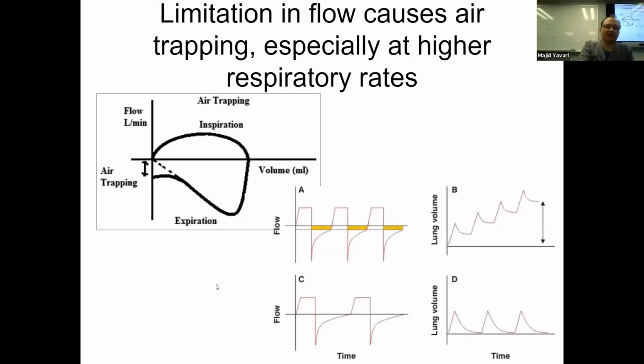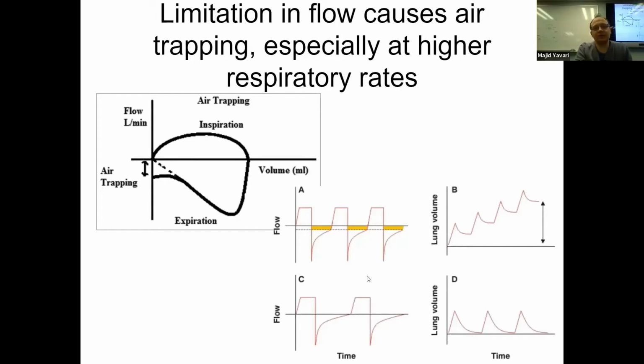And what that causes, especially at higher respiratory rates, is air trapping. If patients with obstructive lung disease have any increase in their respiratory rate and need for a higher minute ventilation, they're often unable to fully exhale before the next breath is taken. And that's a very uncomfortable feeling, causes anxiety, distress, and drives a faster respiratory rate.